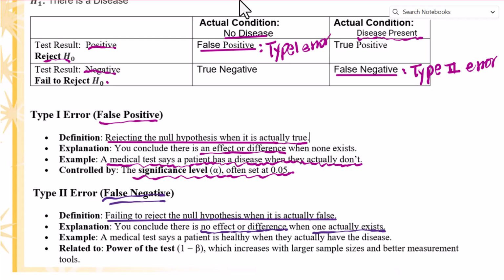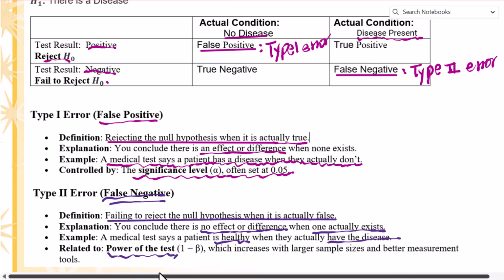Example: a medical test says a patient is healthy when they actually have the disease. Related to the power of the test, 1 minus beta, which increases with larger sample size and better measurement tools.